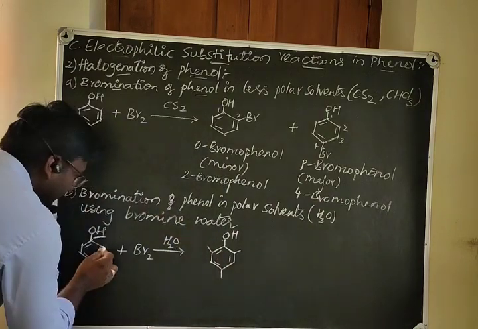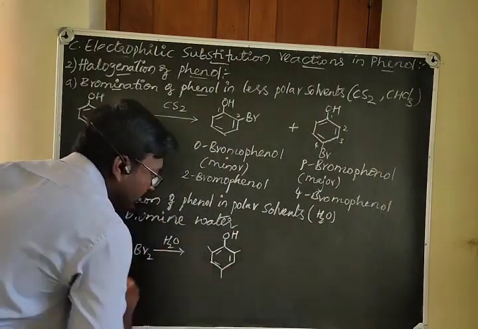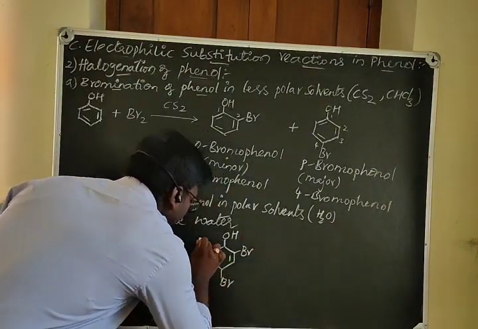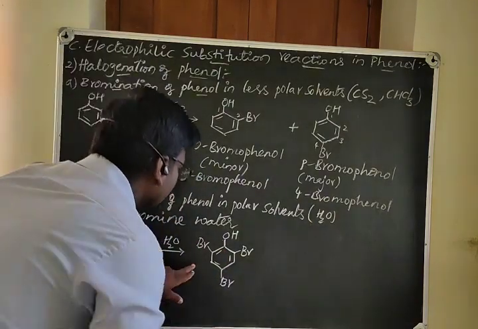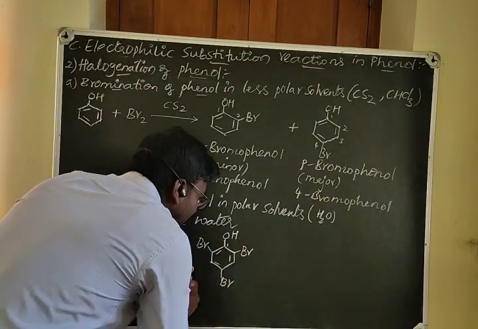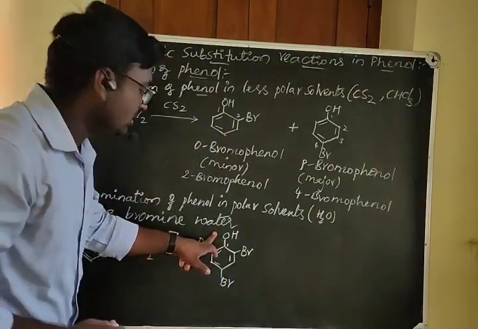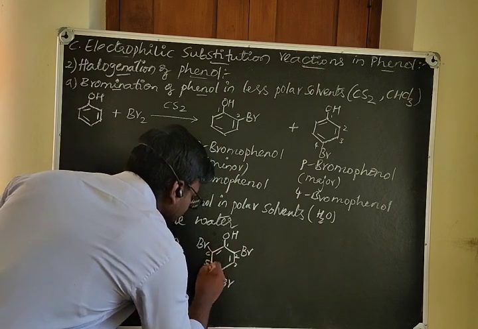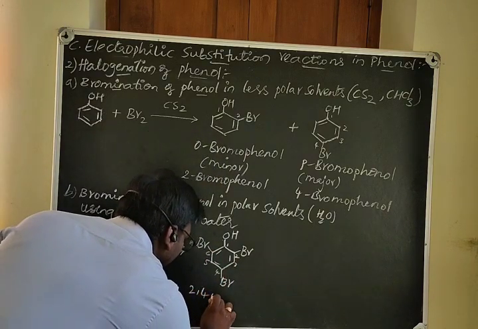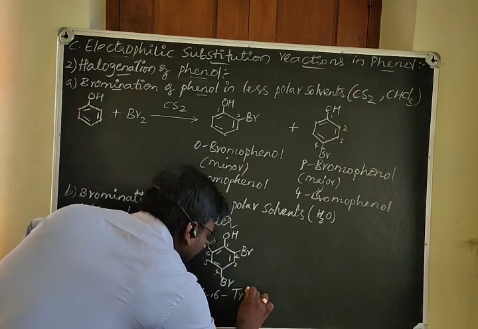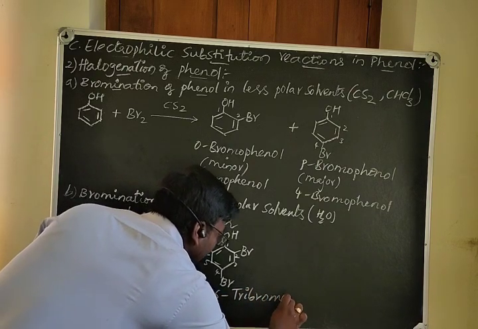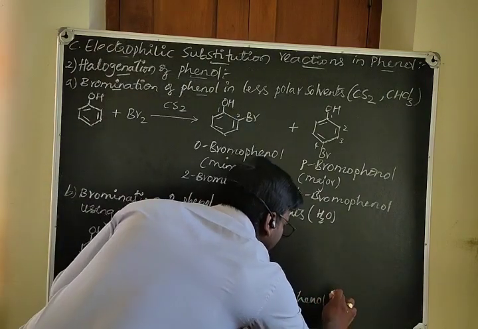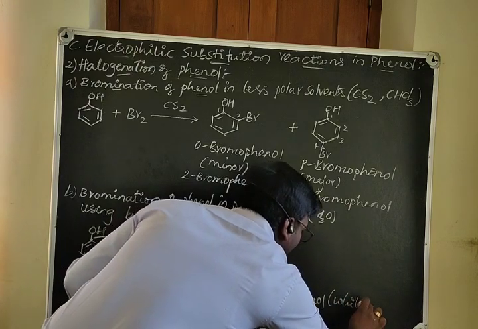The hydrogens present initially at the ortho and para positions are replaced with bromine. Now numbering: position 1 is this carbon because it contains the major functional group, then 2, 3, 4, 5, 6. Therefore, it is 2,4,6-tribromophenol, and it is a white colored solid.